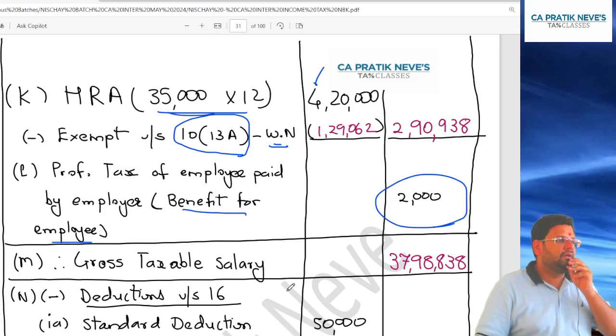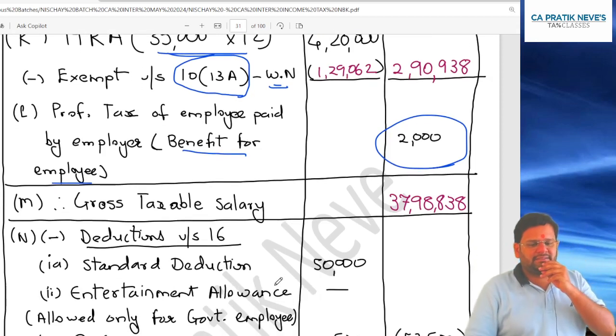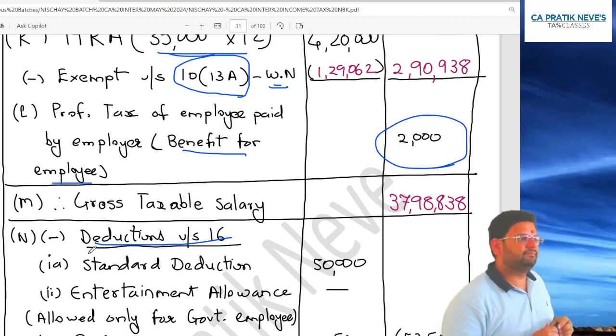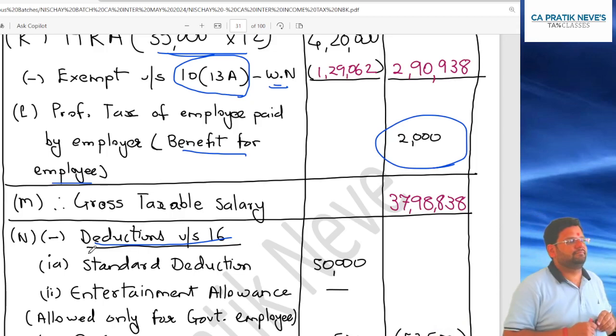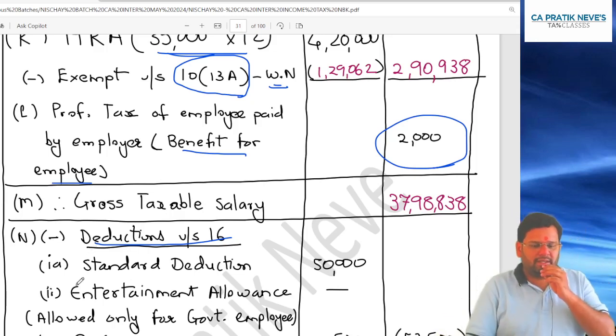Gross taxable salary. Next line, less deductions under section 16. In that you have got 16(1A) standard deduction 50,000. 16(2) entertainment allowance allowed only for government employee. So here it will be dash.